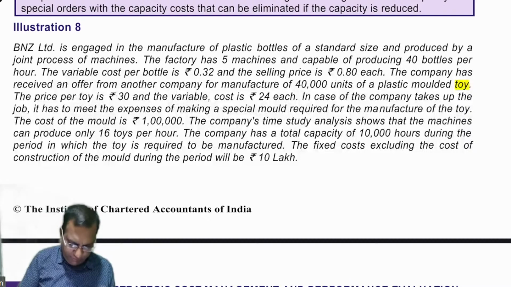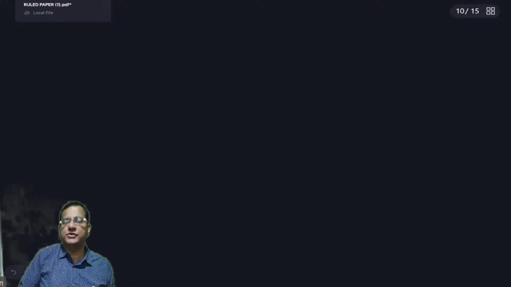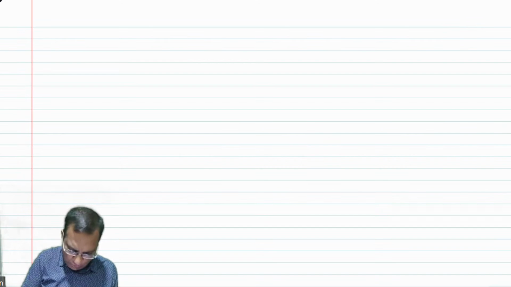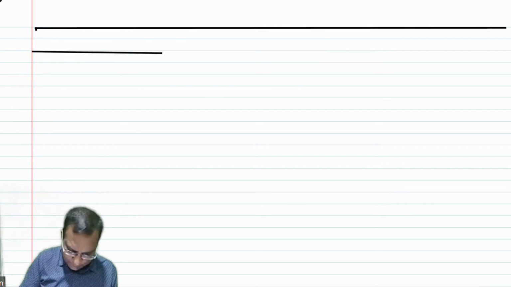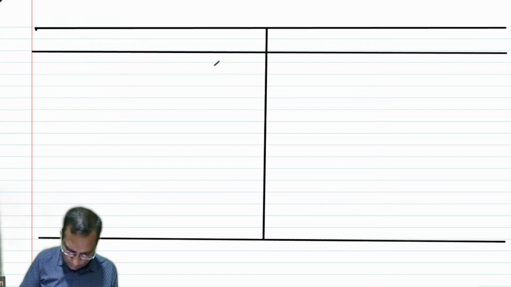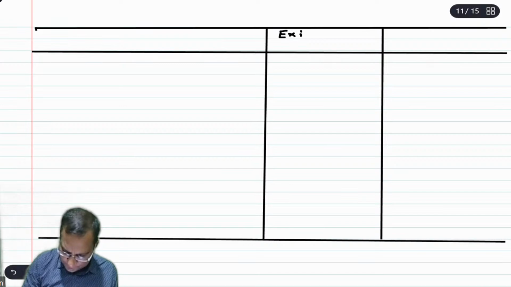Let's start, beta. So see, it would be better if you first simplify this whole question. So let's simplify this question first, because there are many details given for the existing product, the new order of the existing product bottle, and the new product toy. So this is the existing product and this is the new product.